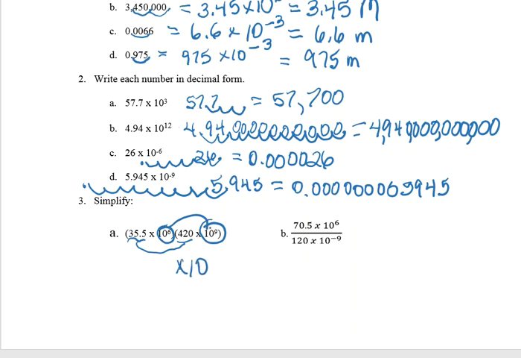So since I'm multiplying these, I'm going to add exponents. So that 6 plus 9 is 15. We're going to multiply that and put it in there. Of course, mine's being slow. 35.5 times 420.